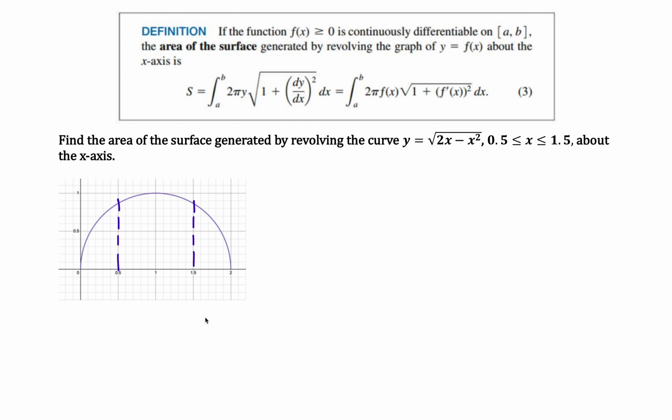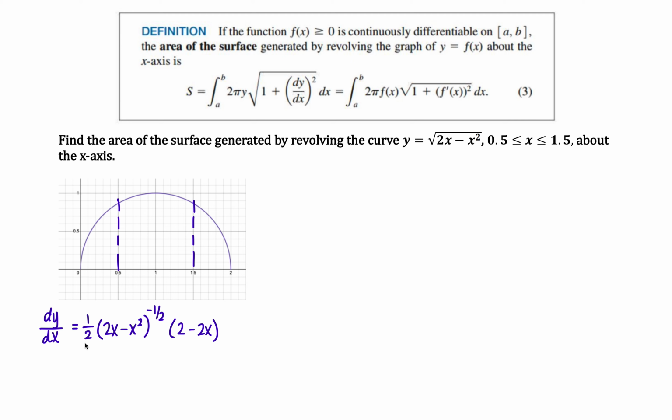And I'm going to come over here underneath the graph and go ahead and do that. So to find that derivative, just going to use the chain rule. So we've got 1/2 times 2x minus x squared to the negative 1/2 power times 2 minus 2x.